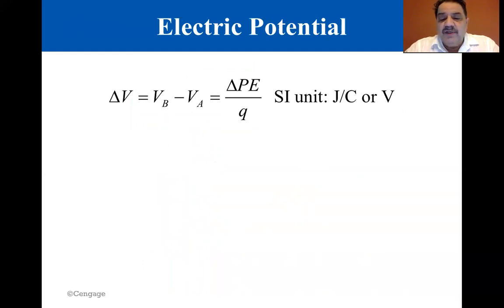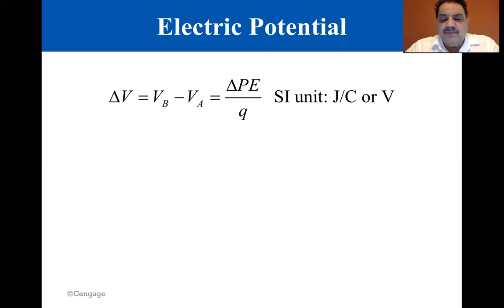From this equation, you can see that electric potential difference is a measure of the change in electric potential energy per unit charge. You can also think of the electric potential difference as the work per unit charge that would have to be done by some force to move a charge from point A to point B in the electric field.